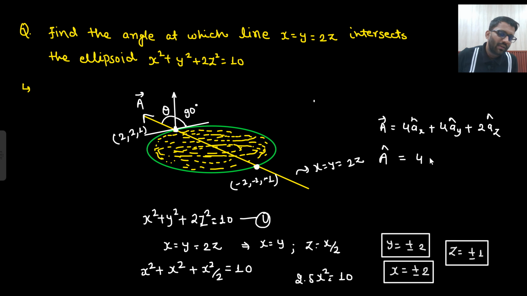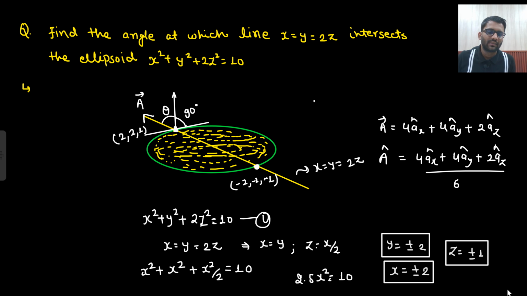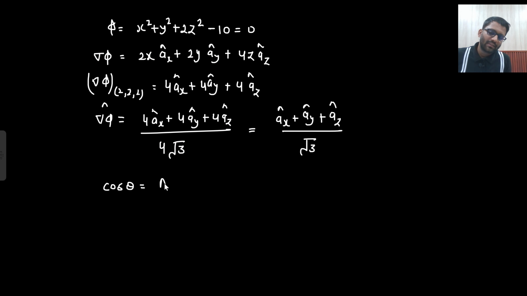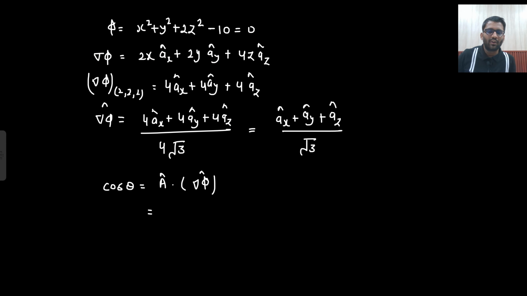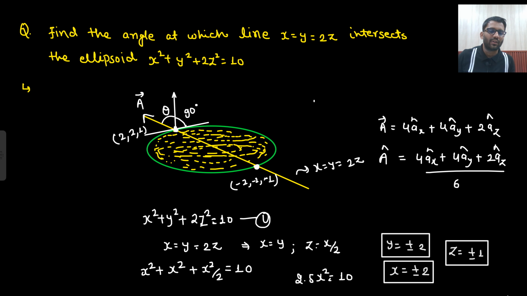A cap would be 4 ax cap plus 4 ay cap plus 2 az cap divided by 6, right? So cos theta is A cap dot del phi cap. So 4 into 1, 4 into 1 and 2 into 1.